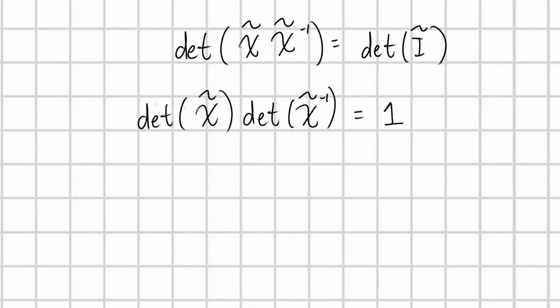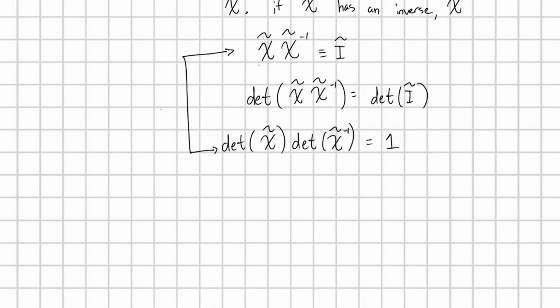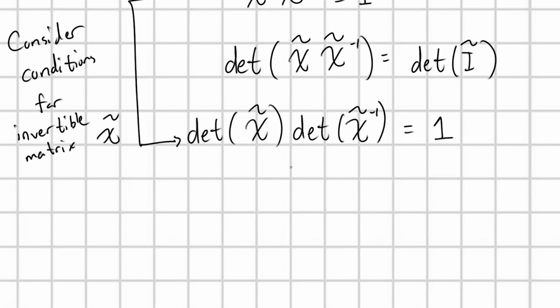Right, and so we've just manipulated this above statement slightly. And so both of these we can consider conditions for an invertible matrix chi. Okay?